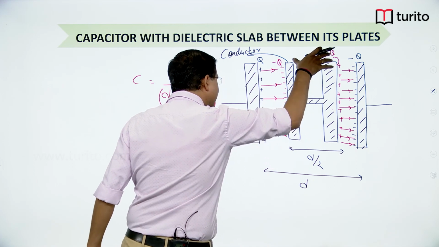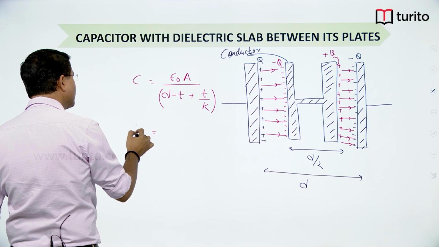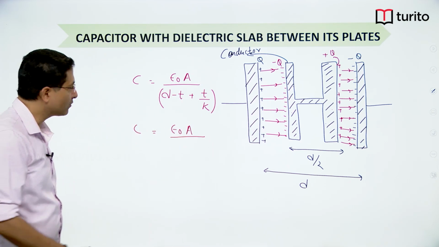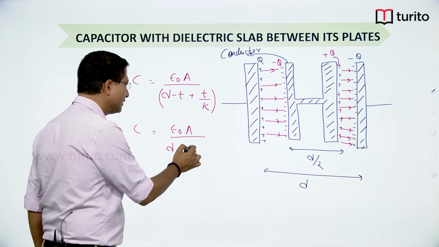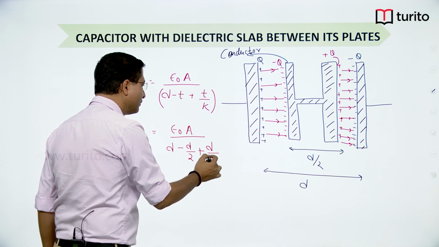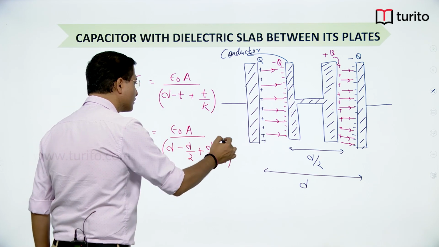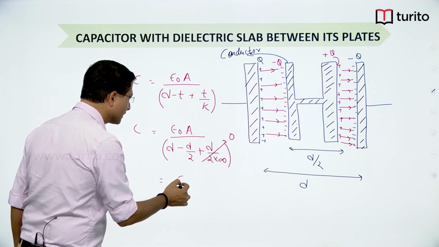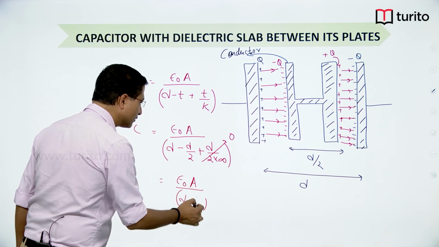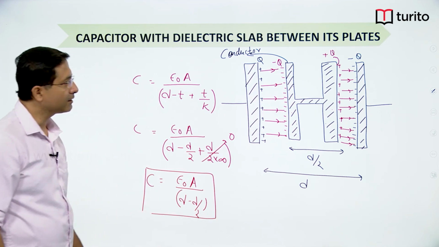So, C is equal to epsilon naught A, in place of t I am going to write d by 2 and then plus d by 2 over K, where K is equal to infinity, right. So, this will become 0 and epsilon naught A divided by only d by 2 is coming. So, this is the capacitance of the given arrangement.